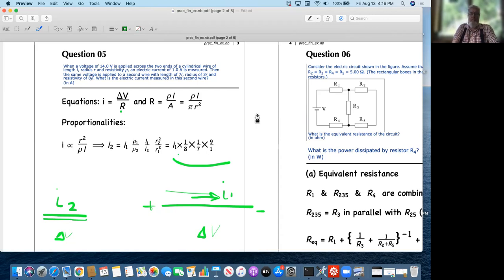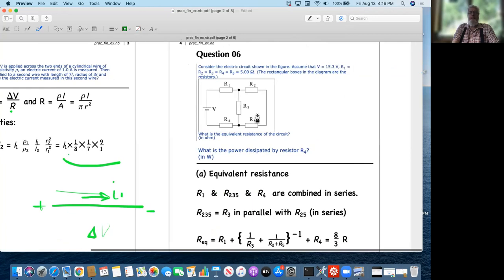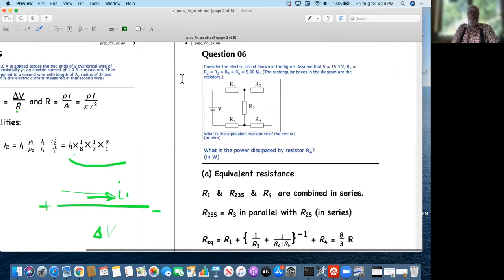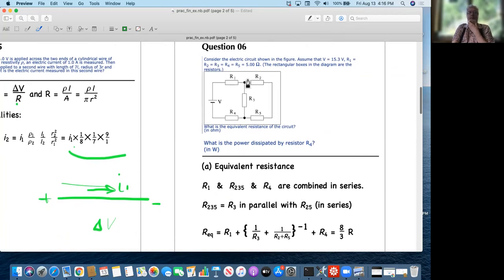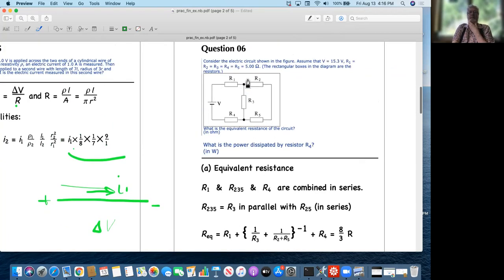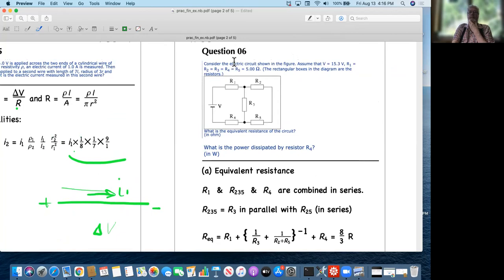All right, so one more question involving electric currents. You have this circuit. It's a 2-loop circuit. It has a battery with potential 15.3 volts.